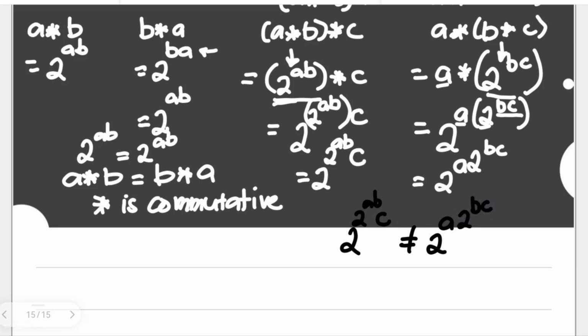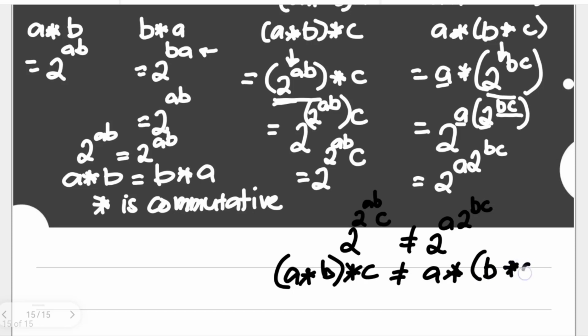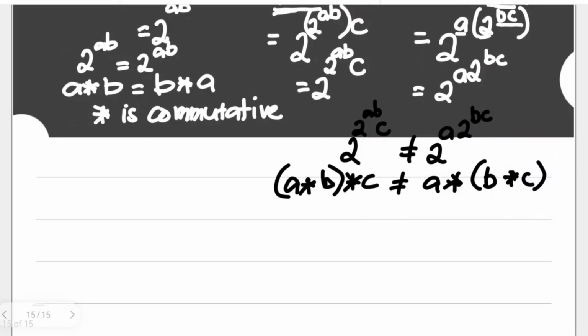This would mean that (a star b) star c is not necessarily the same as a star (b star c). With this, star is not associative.